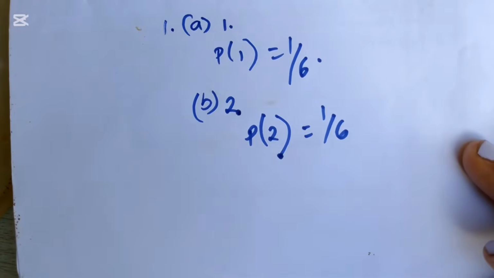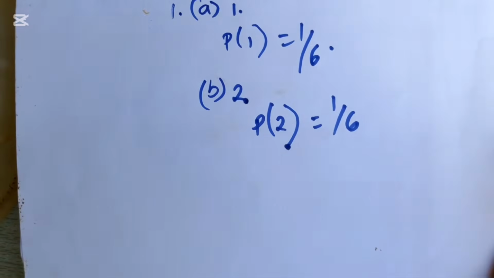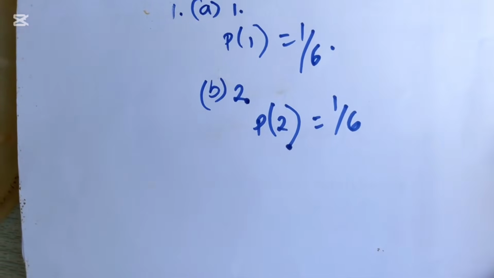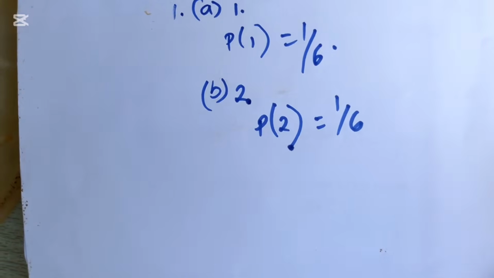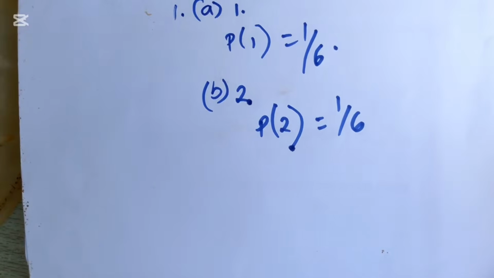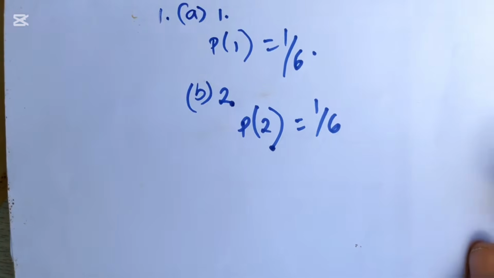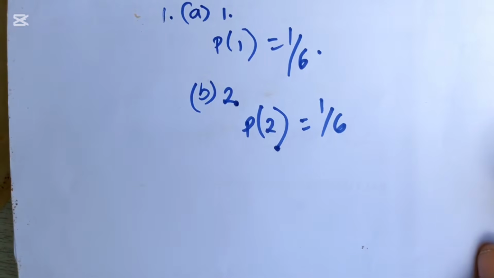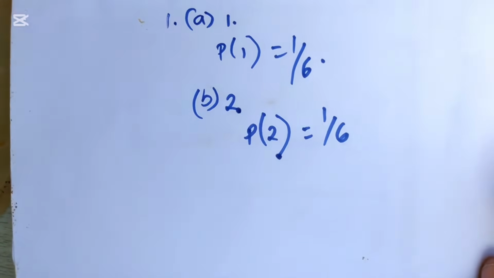Some students use 2 out of... no, that 2 is not even used anywhere. It's just the face showing at the top, the face you are getting after rolling the die, the number indicated, or the number of holes on that face.